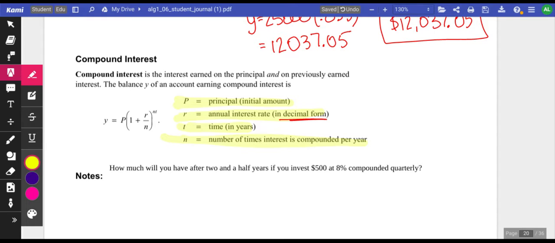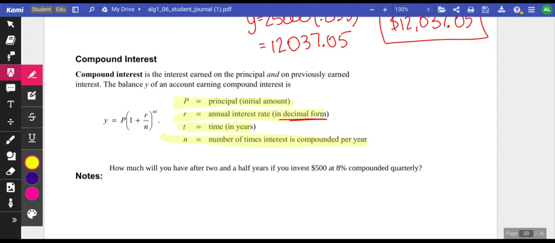If it was compounded every quarter, sometimes people will say quarter, it's every 3 months, so that's 4 times a year. If it's compounded annually, that means it's compounded once per year. So it's how many times per year is this happening?